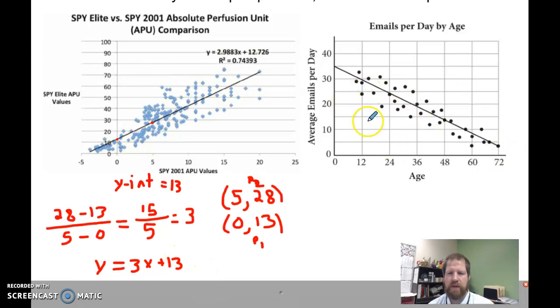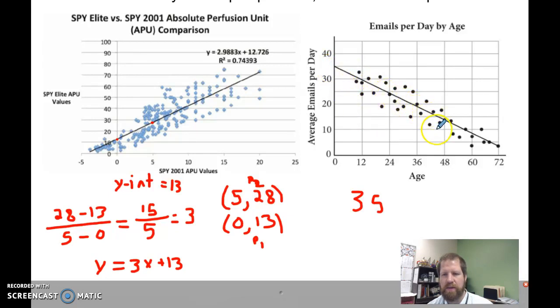I do the same thing over here. My y-intercept is 35, and this one looks pretty good. I don't have to estimate it. Each block is 12 horizontally, and each block in the vertical distance is 5, but it looks like it's coming down a little more than 5 for every 12.